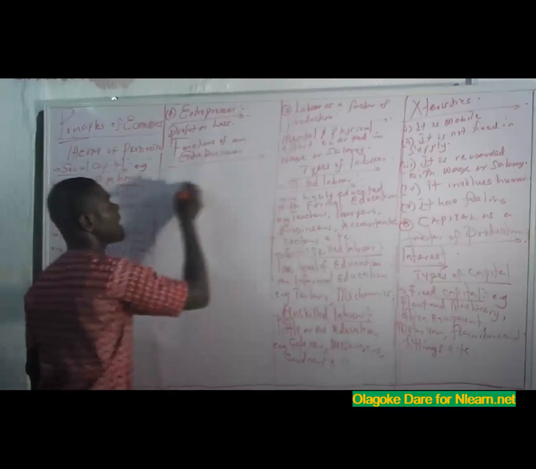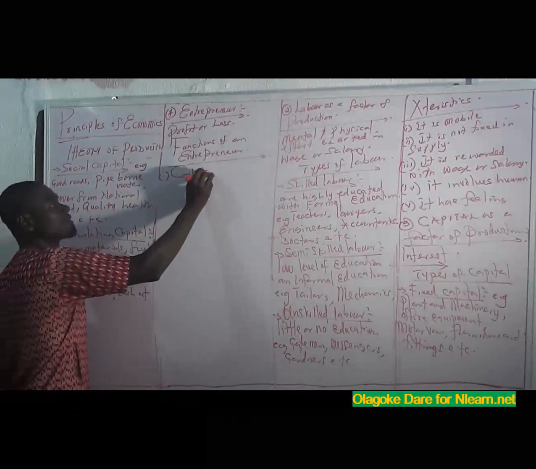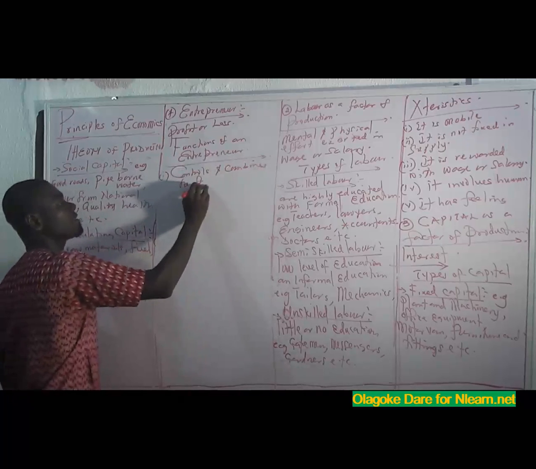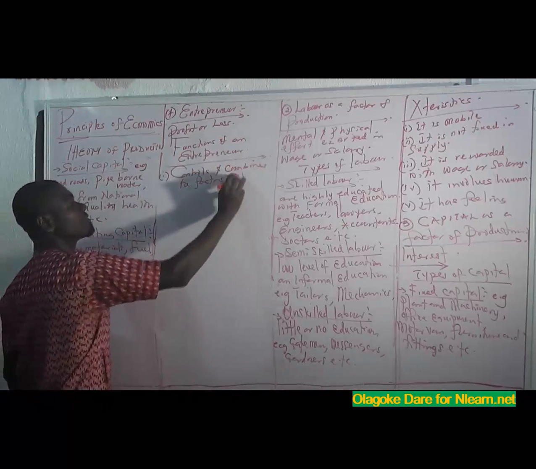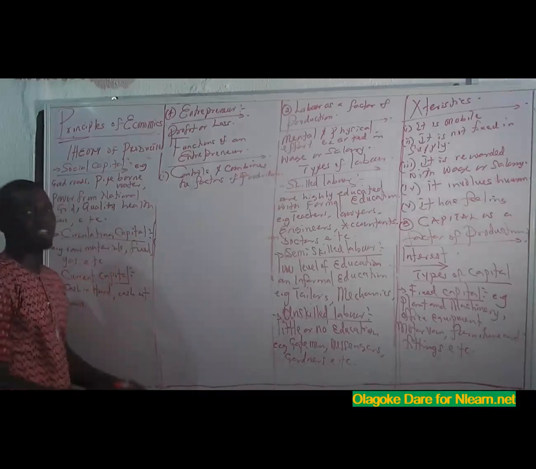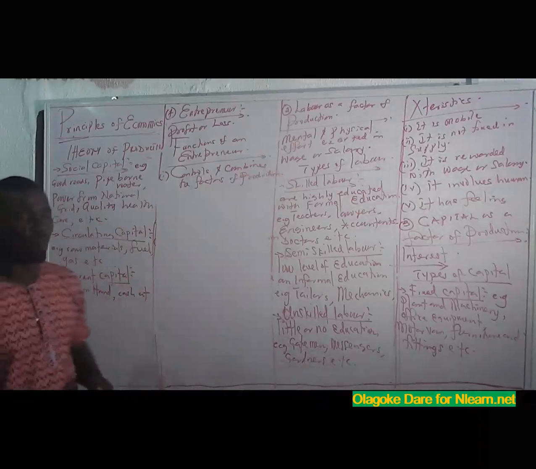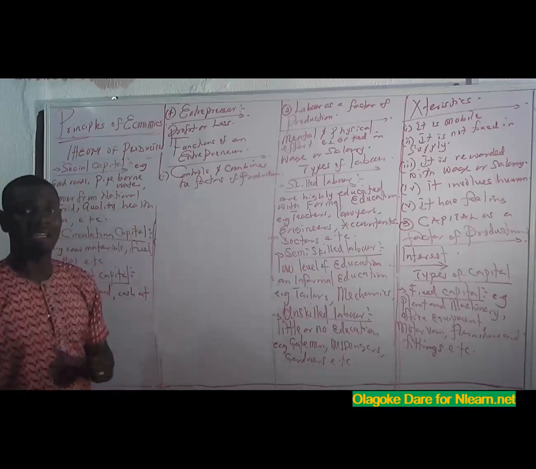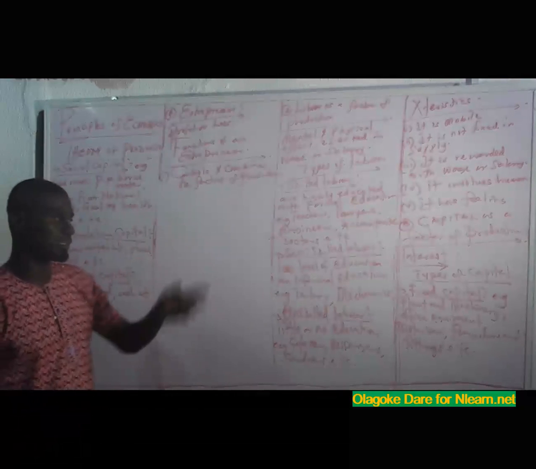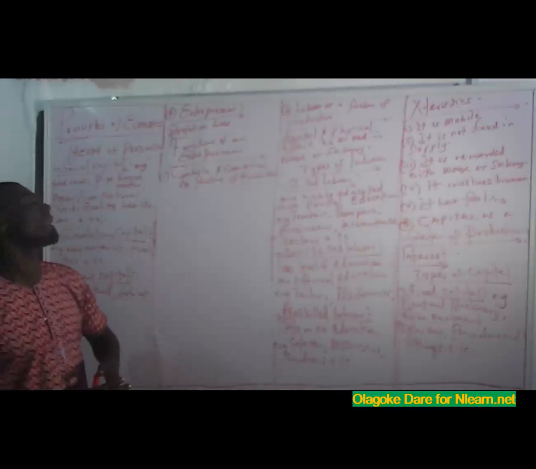The functions are: number one, controls and combines the factors of production. An entrepreneur does this by selecting the required number of people to work with, labor, by raising the required amount of capital needed in the production process, capital, and the place that will be suitable for production, which is land.